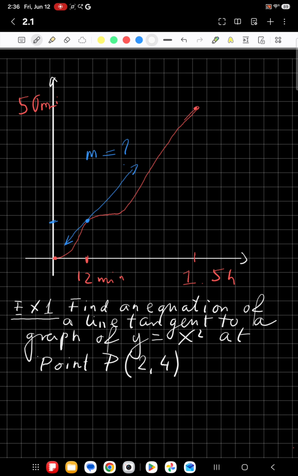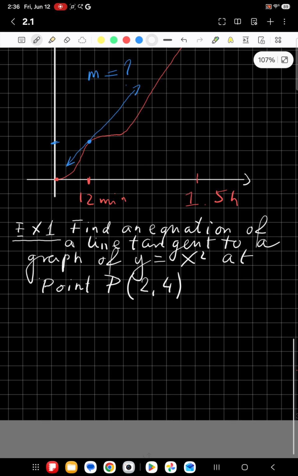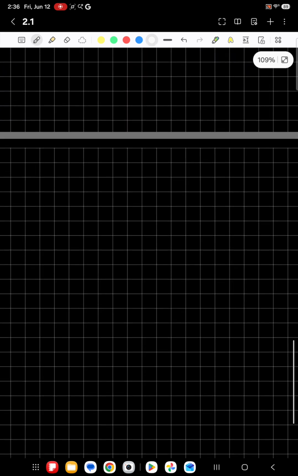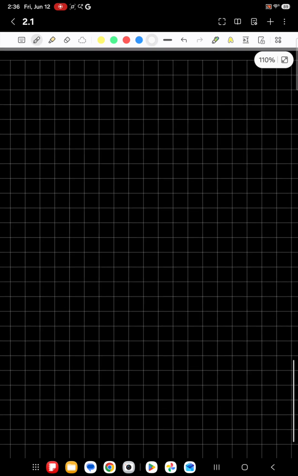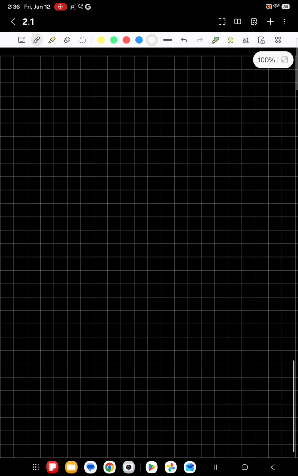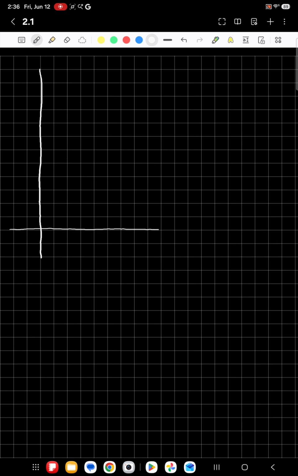All right, let me draw the situation first, and then we'll talk about it. We don't really care about the left branch of the parabola, we don't care what's happening on the negative side. So I'm just going to graph it this way.